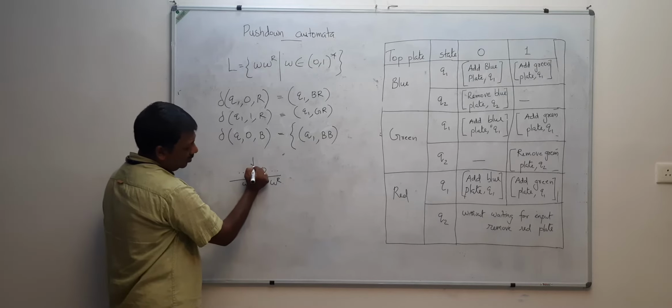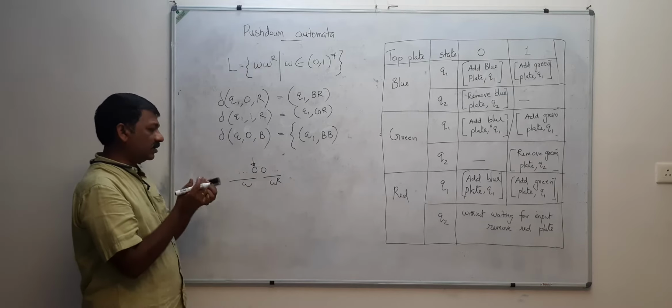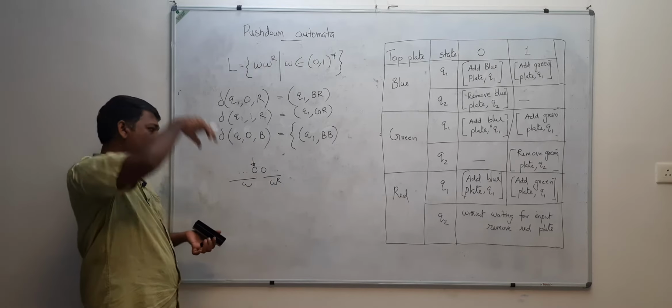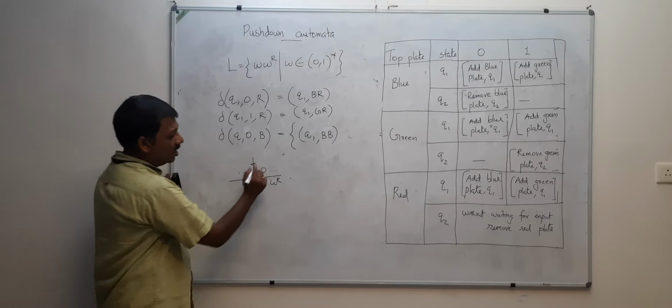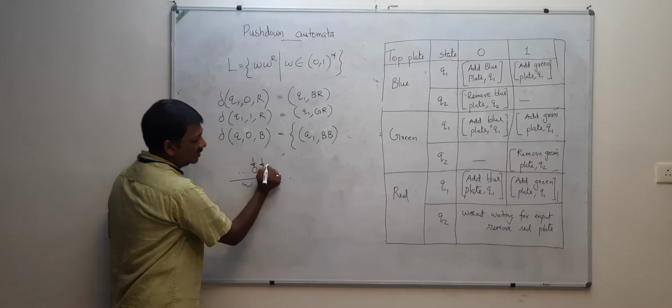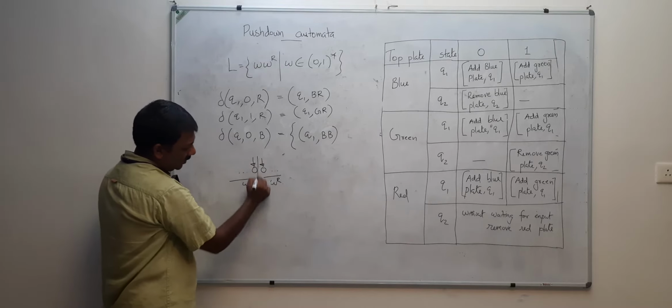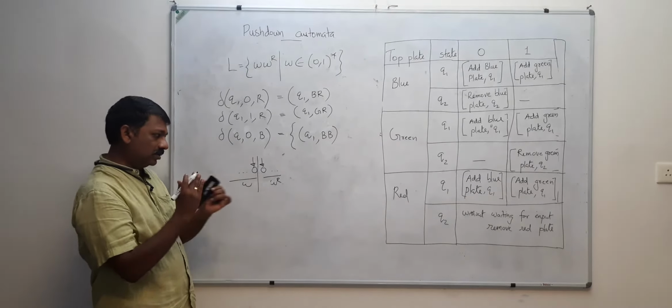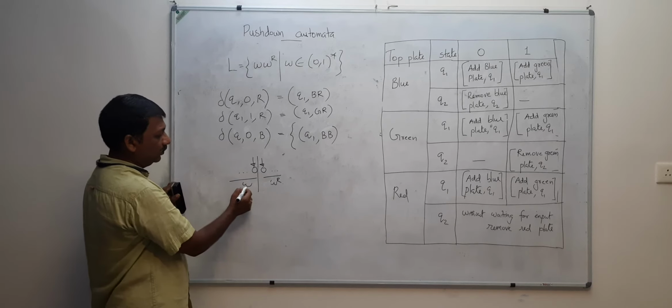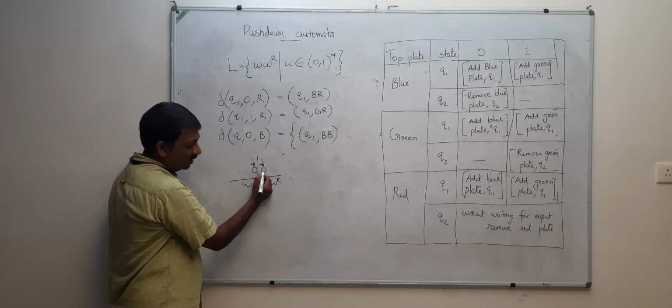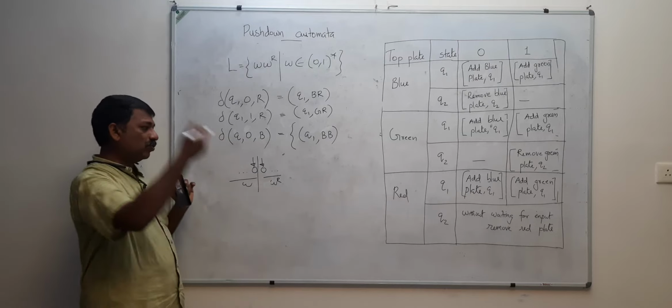After processing this element, the finite control pushed blue onto the stack, and if you are expecting this as the terminating point of W, then when encountering this 0, what will happen? It has to pop that element.